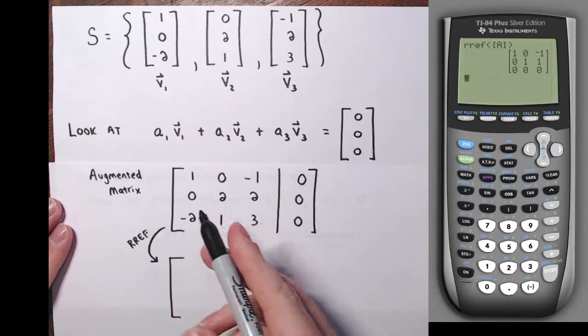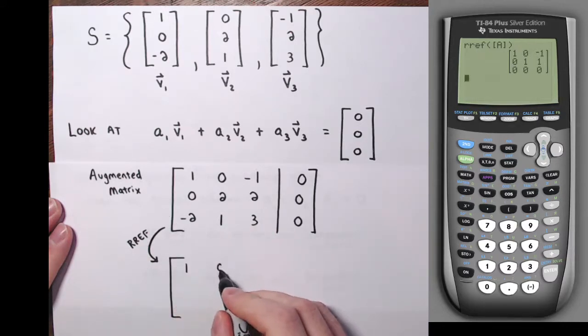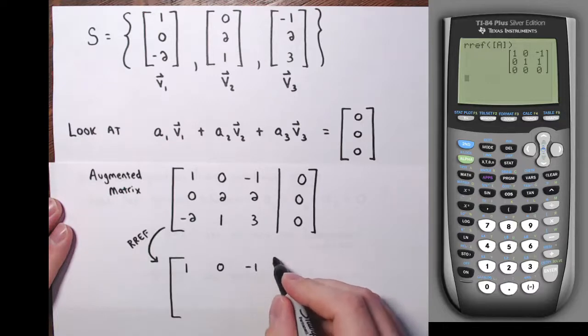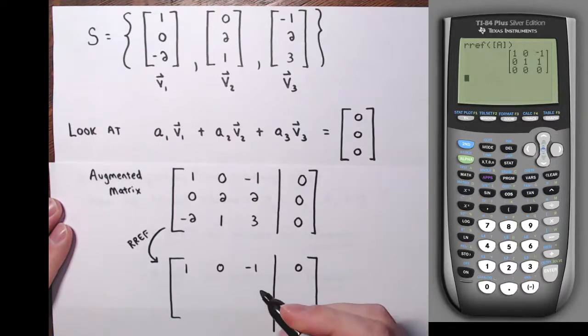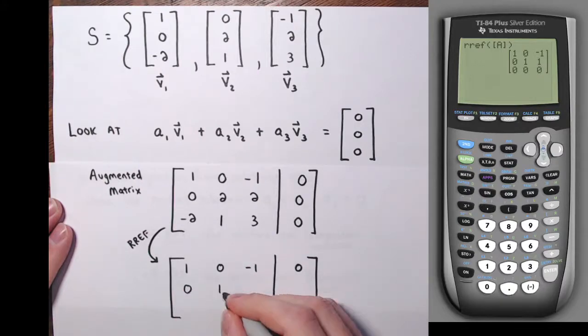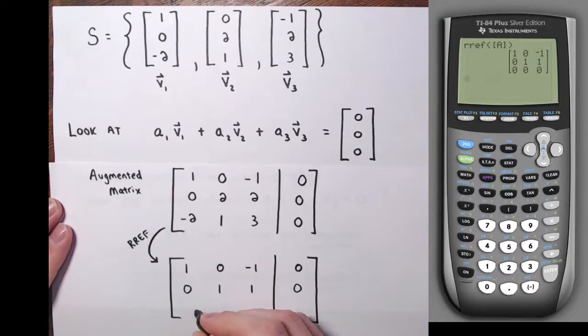So in reduced row echelon form, the first row is 1 0 negative 1 and 0. Second row 0 1 1 and 0, and the third row is all zeros.